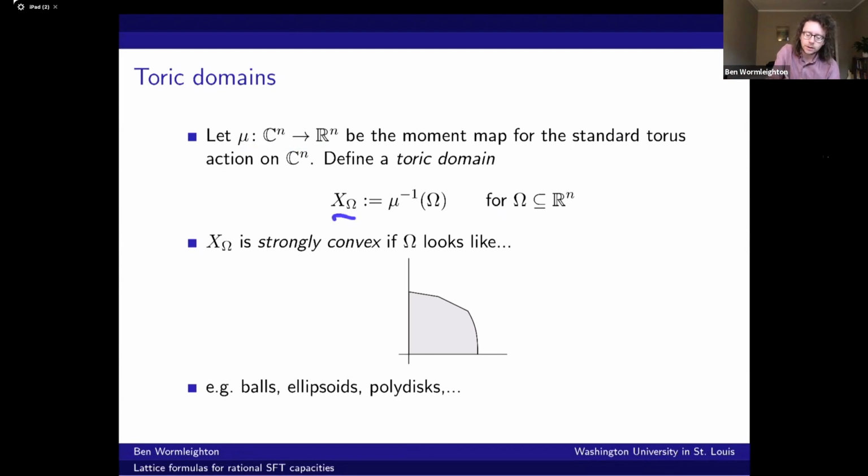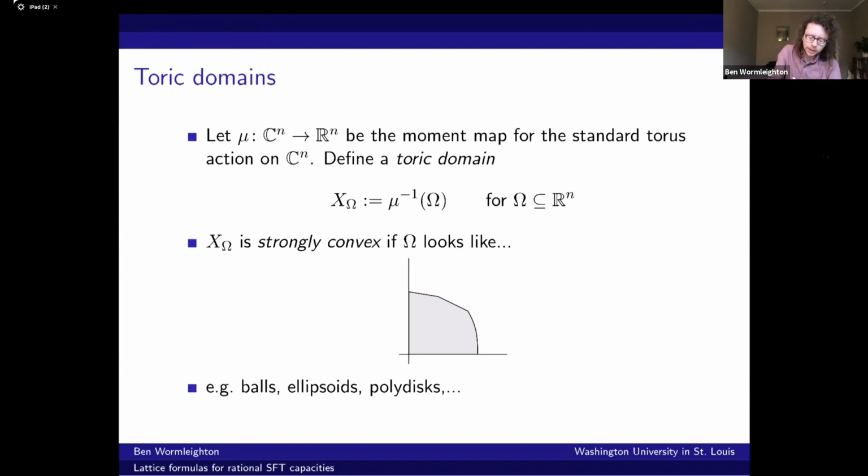And then X_Omega is simply the pre-image of this Omega under the moment map. Okay, so these are really nice symplectic manifolds. Their capacities have been studied in various works. And I guess what we're doing is continuing that story for these SFT capacities.